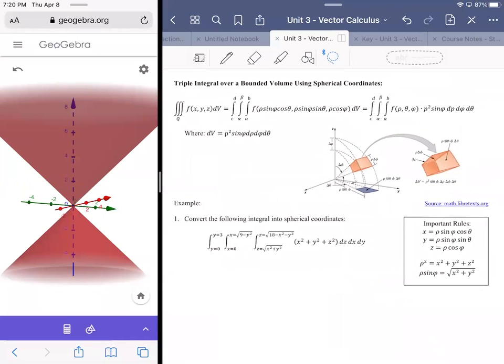So you can see the example where we talk about converting into spherical coordinates, because you see this monstrosity of an example. Like I said, it ain't pretty, but maybe we could do something with this, but we're going to have to look at all of those bounds, right?